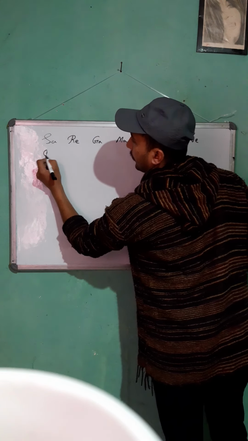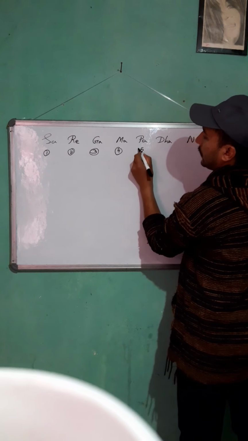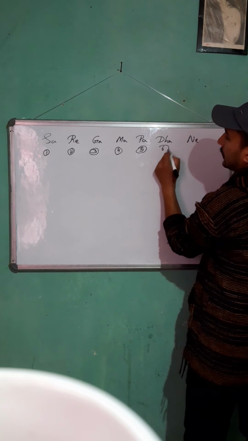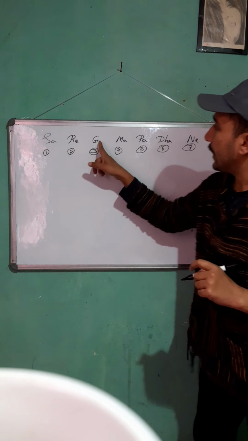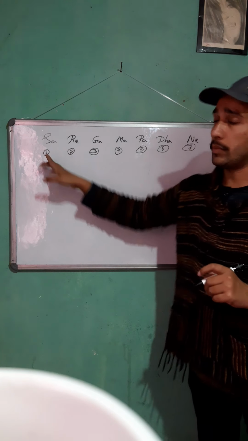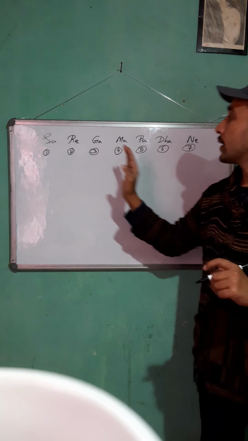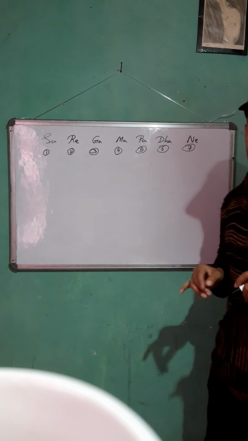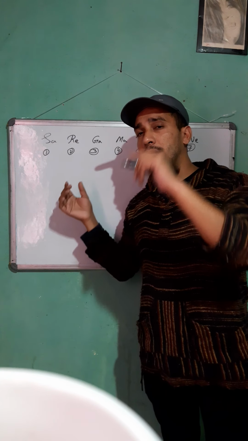This is 1, 2, 3, 4, 5, 6, 7. After ni, sa comes. That means there is repetition. After every eighth note, repetition takes place. So the same thing he did for classifying elements.